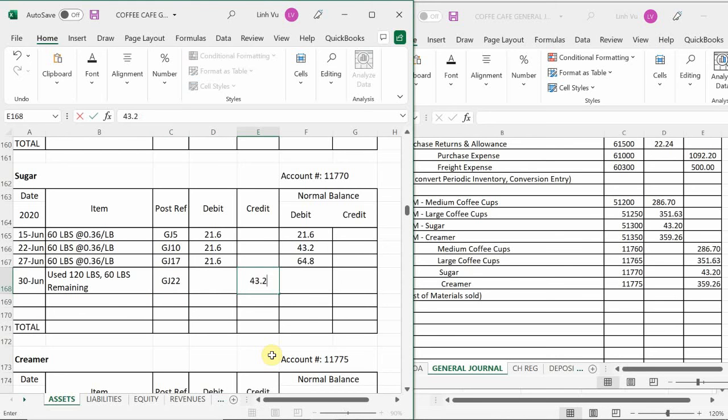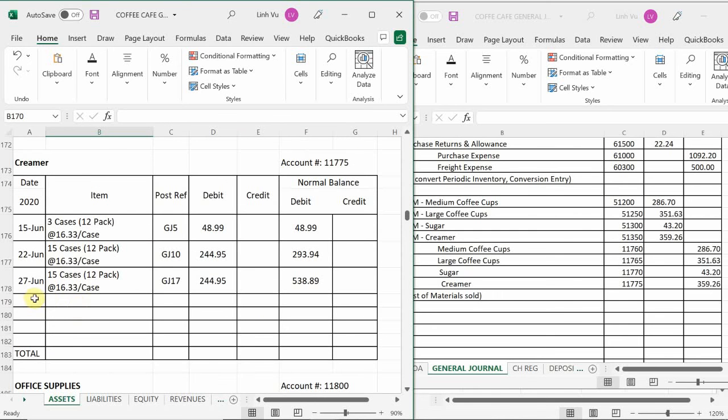We sold $43.20. So how much should we have left? 21.60. Okay. Last account here is your creamer.